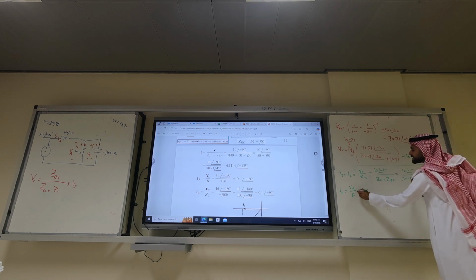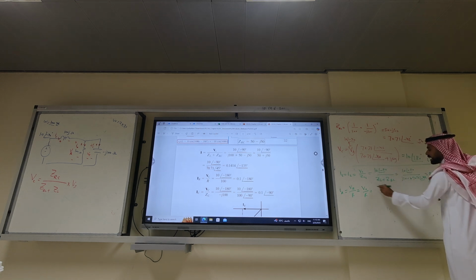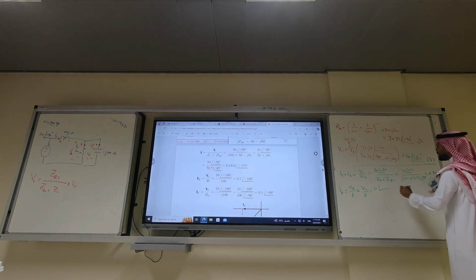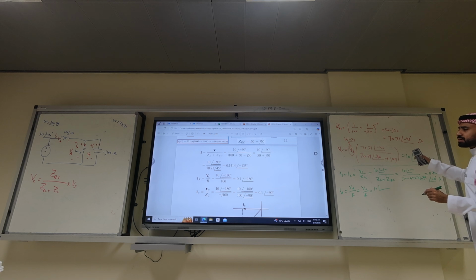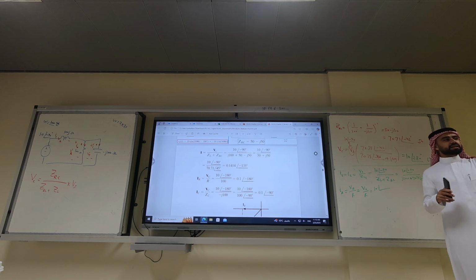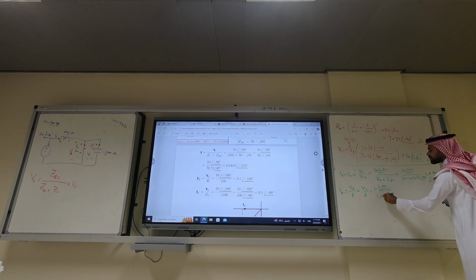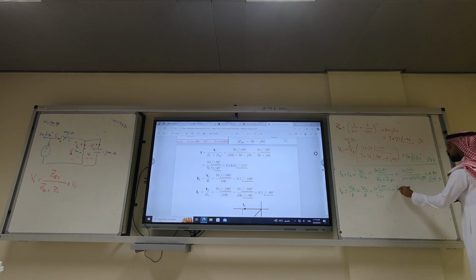VR is VC. What is VC? 10 angle 180. Is it minus 180 or 180? Well, 180 degrees is equivalent to minus 180 degrees. It's the same thing. Over 100, which is going to be what? 1 angle 180, or minus 180, amps.